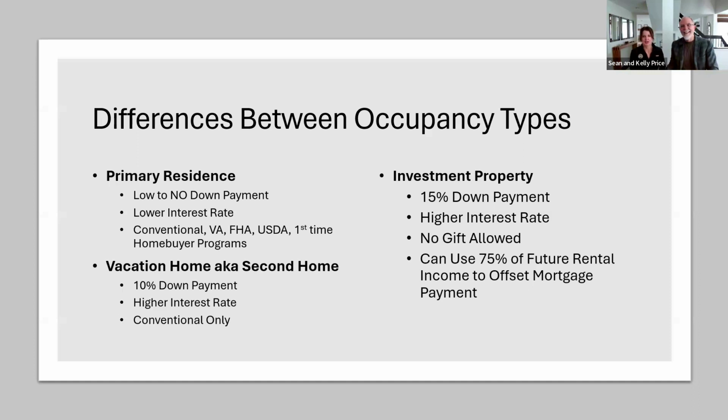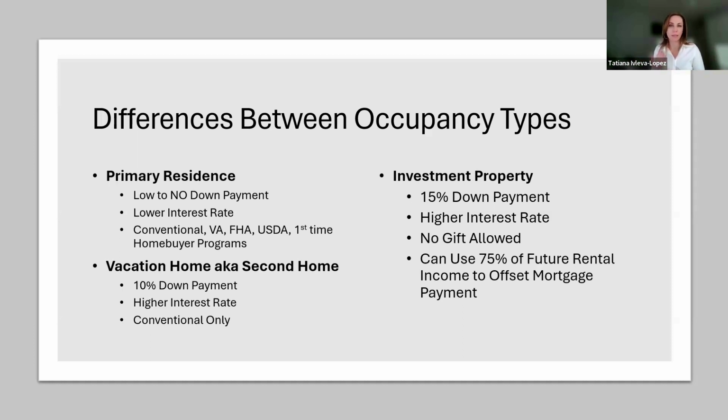Let's say you have a primary home with a payment of $2,000, and then you want to purchase an investment property and your payment is also going to be $2,000. If you buy a primary and second home, we have to count both mortgage payments when calculating how much a person can qualify for.